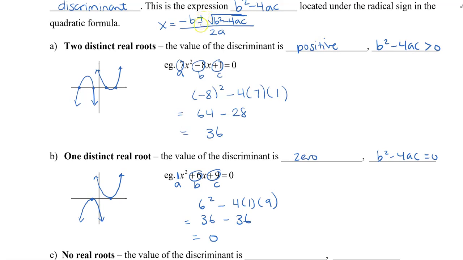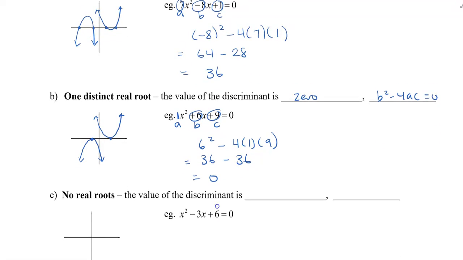So I'm not going to be adding or subtracting another number. The only part that's left will be negative b divided by 2a. So I'm not adding or subtracting anything. I only get one root, and one distinct real root. Real meaning that it's a real number, as opposed to imaginary. And we can talk about that later on.